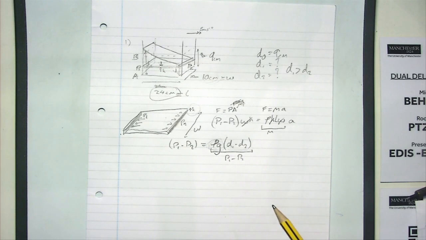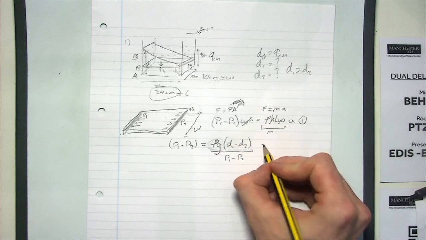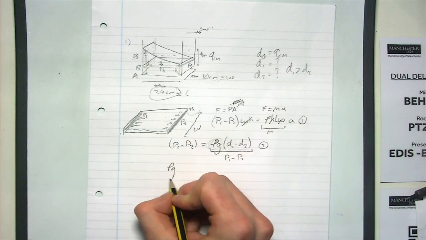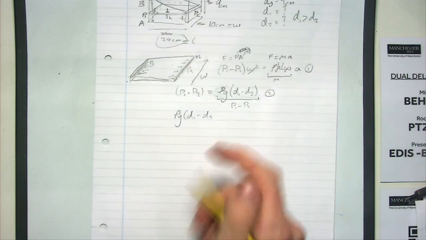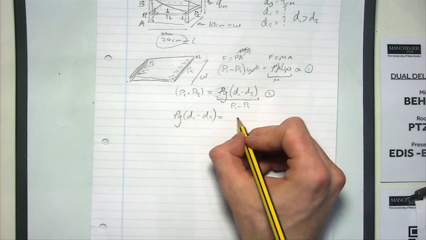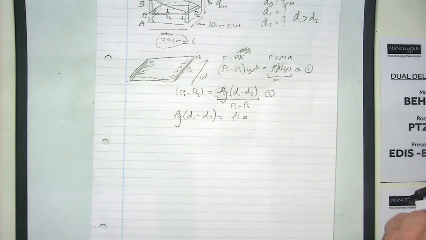If we substitute, we'll call this force balance equation equation 1, and this equation 2. If we substitute this in, we get rho g (d1 minus d2) is equal to rho L A. Is that correct?